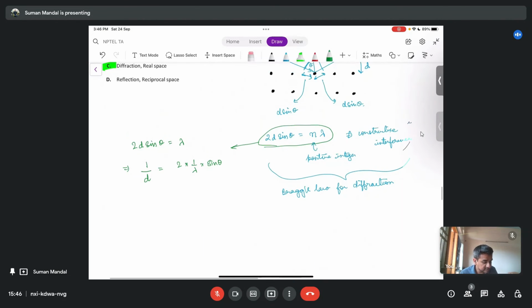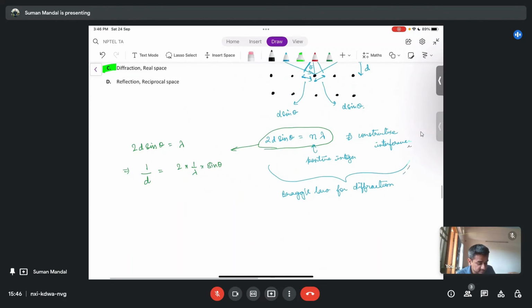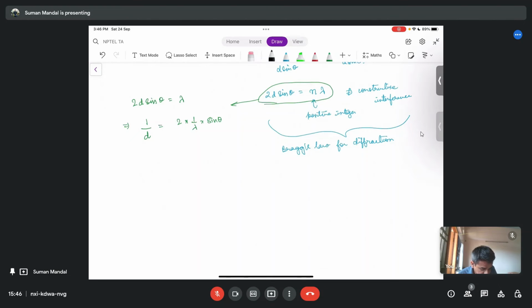So again we will draw the spots, but this time in the reciprocal space. Let us draw the 2 spots here.